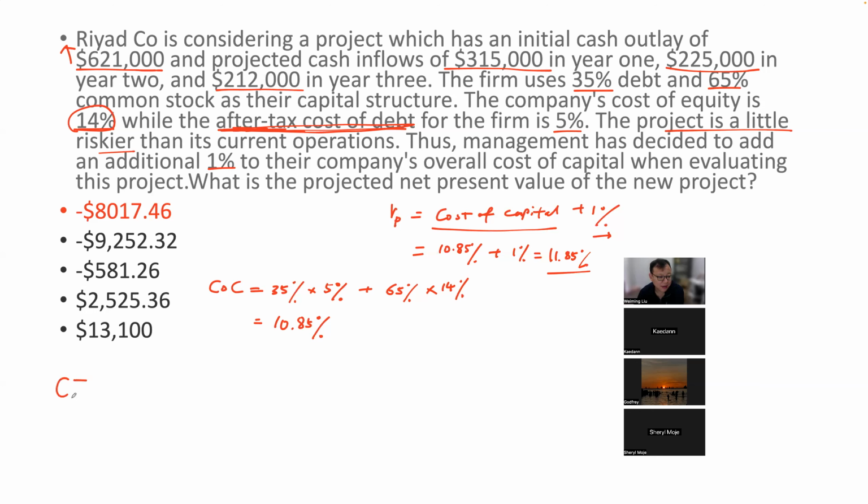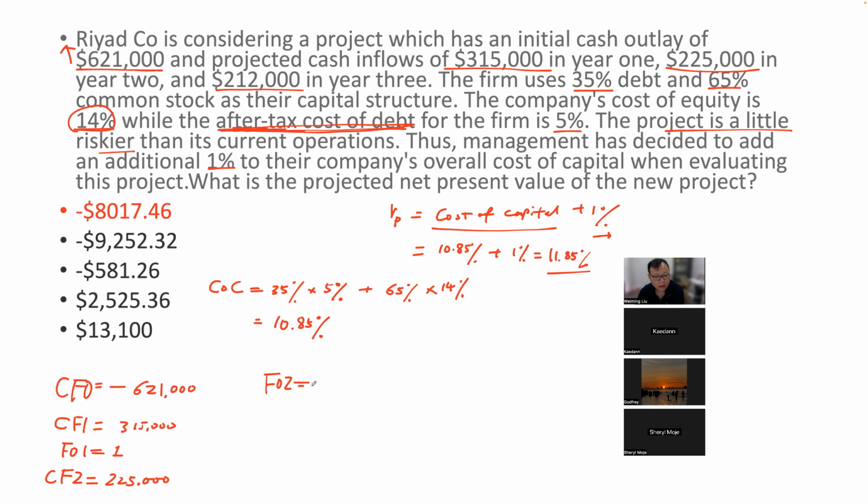Your CF0 should be negative 621,000. Your CF1 should be 315,000, and F01 equals 1. CF2 equals 225,000, and F02 should be 1.